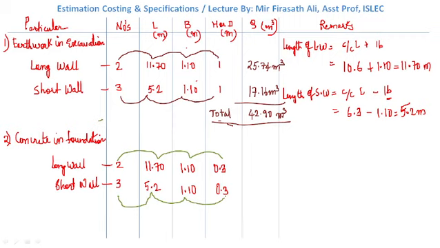If we multiply this, the first value will be 7.72 meter cube, and the second 5.15 meter cube. If we do the total value, the total quantity of concrete in foundation is 12.87 meter cube. Is it clear now?